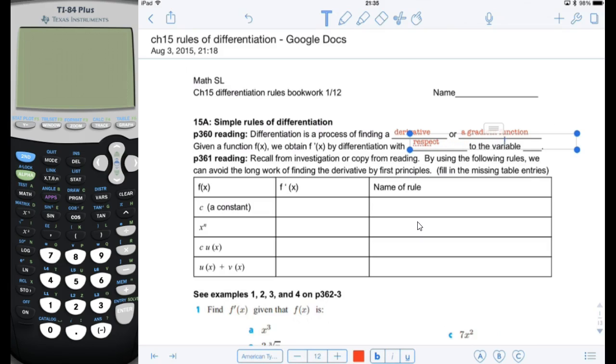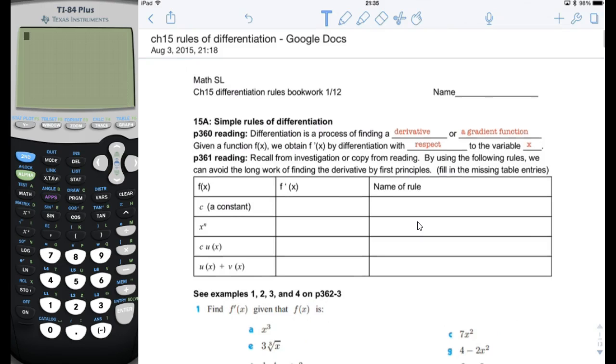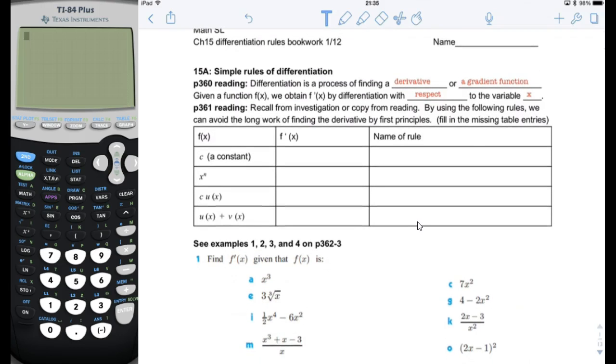And what that means is we are going to assume that x is the domain variable or the horizontal axis when we're taking the derivative. Okay, and that'll become more clear when we start looking at graphs.